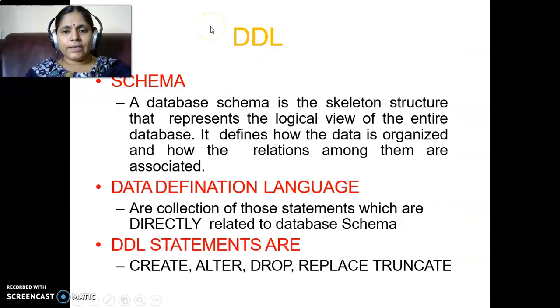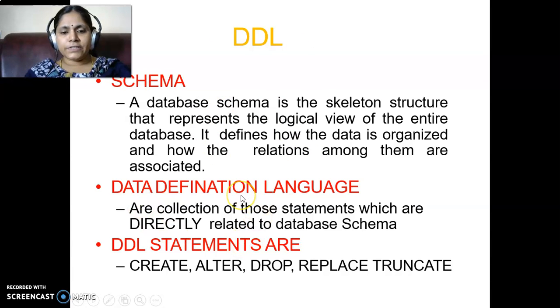Coming to the data definition language, we should understand what a schema is. A database schema is the skeleton structure that represents the logical view of the entire database. It is a snapshot of the database, we can say. It defines how the data is organized and how the relations among them are associated.